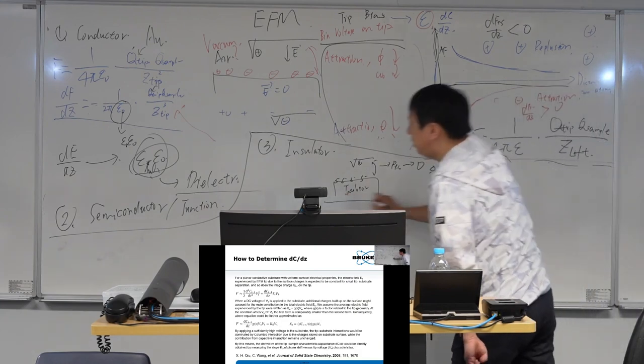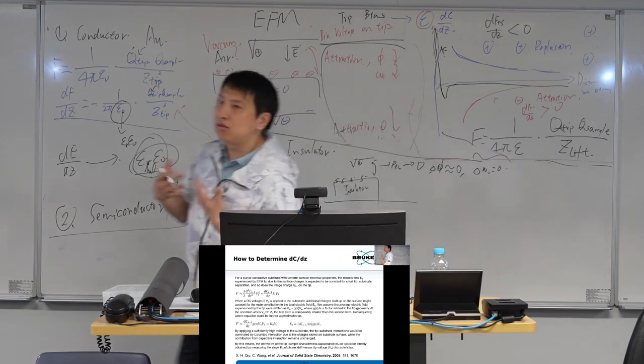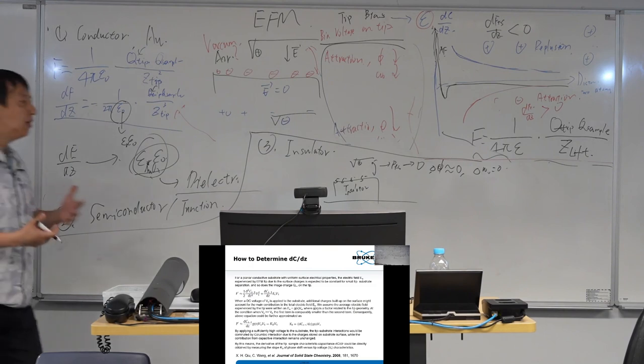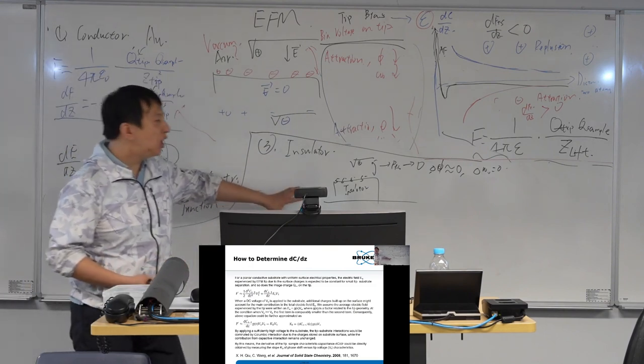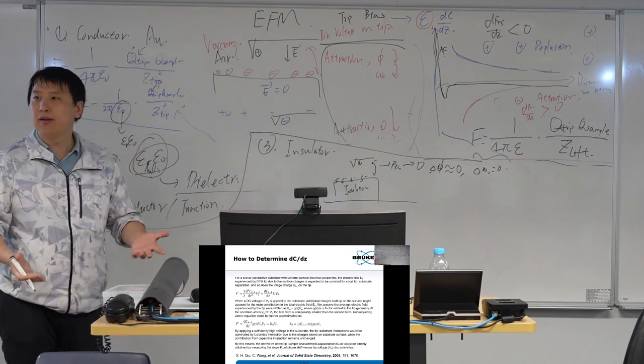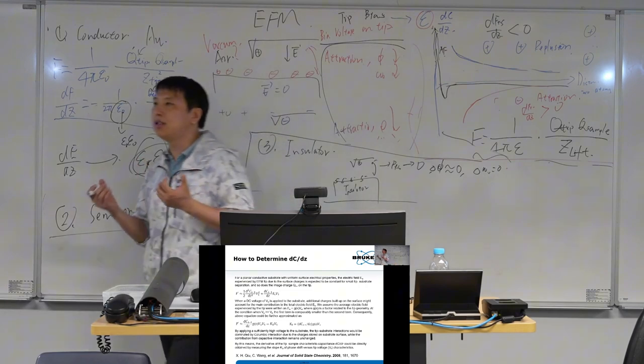But the insulator has another property. It's not conductive. If we put some charge on the insulator, it will not move. So we would say the insulator will retain the charges.